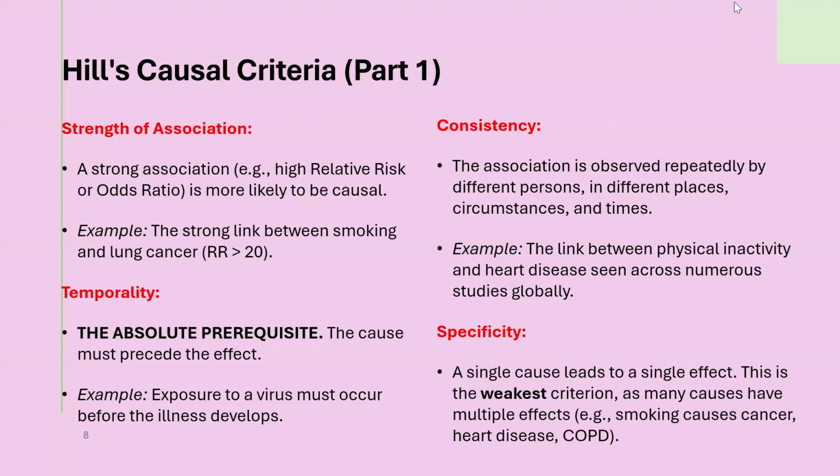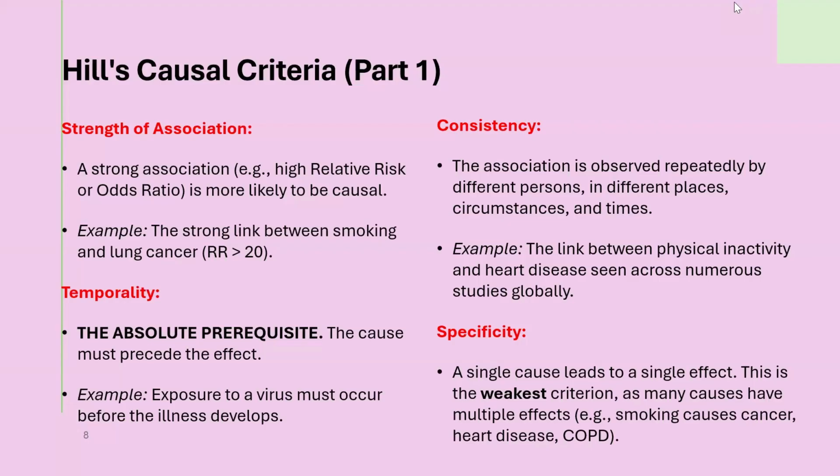So if an exposure has a strong association with an outcome or a disease condition, then the level of causality is strong. For example, there's a strong link between smoking and lung cancer, with a relative risk of as much as 20 times. Okay, so that's one of the criteria that Hill considered.